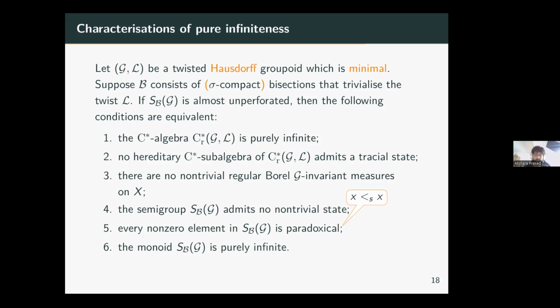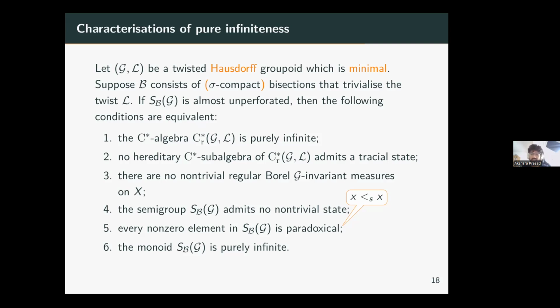That is, every element of it is properly infinite. So we have related pure infiniteness of the reduced C*-algebra to pure infiniteness of the monoid under these conditions, which are not very restrictive. And the previous example, the one we have in the paper, is more general than this.